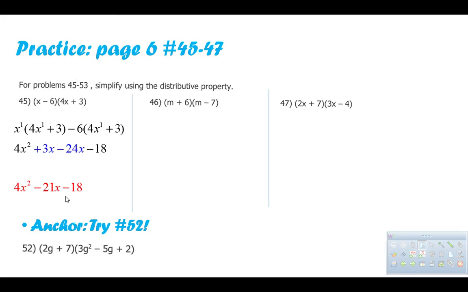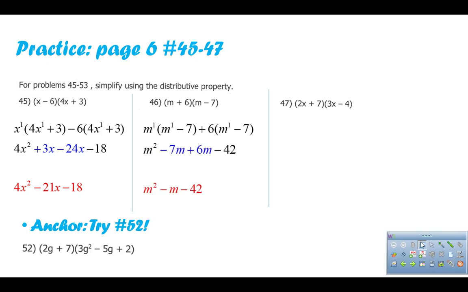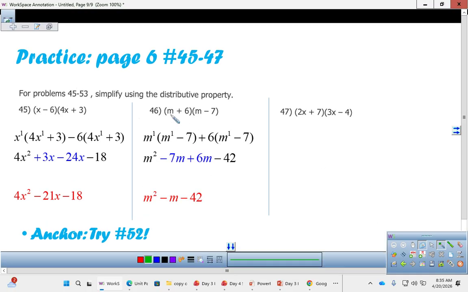I end up with, when I combine like terms, 3x minus 24x. I end up with 4x squared minus 21x minus 18. For the next one, I'll split up the m and the 6. So you can see the m went here and the 6 went here. Right? The x goes here and the minus 6 goes here.